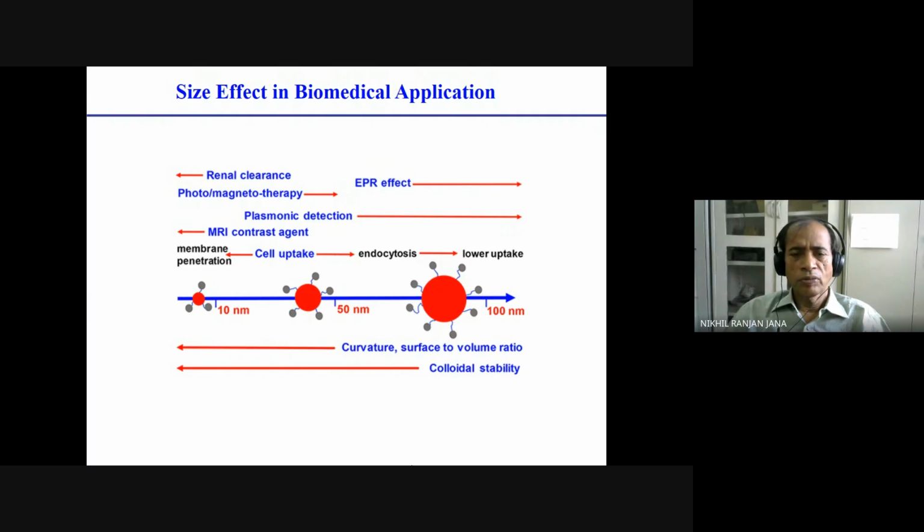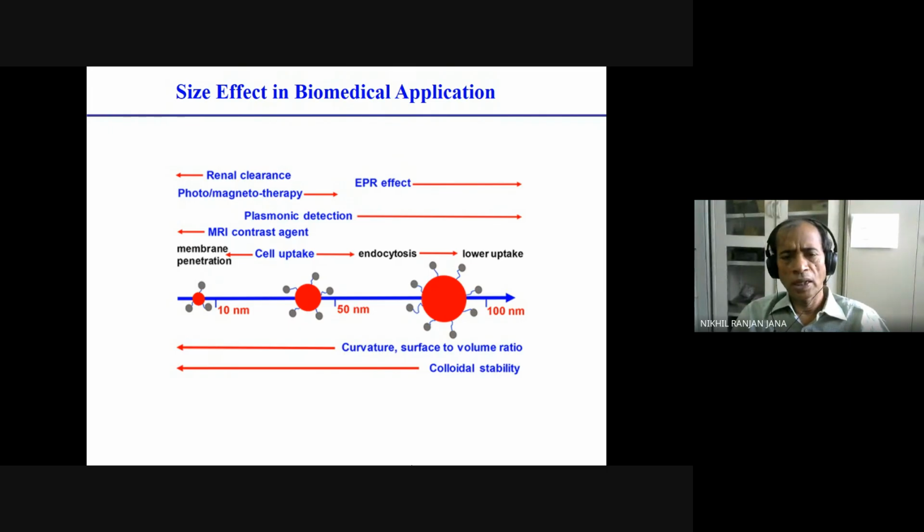Renal clearance: if you want something injected in your body to be cleared, then size must be less than 5-6 nanometers. If you want tumor targeting via the enhanced permeation and retention (EPR) effect, then size should be between 100 to 200 nanometers. There are many others.